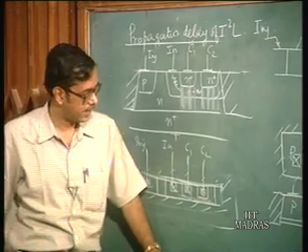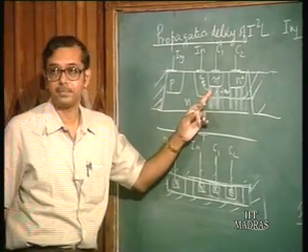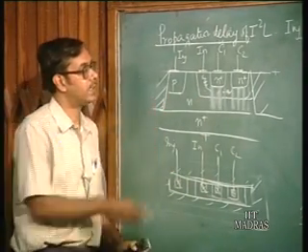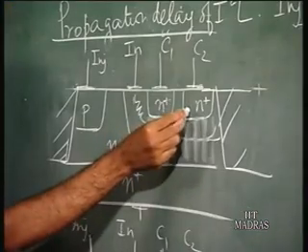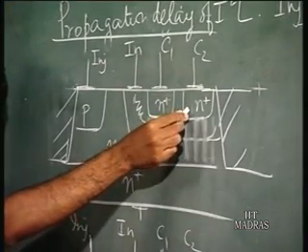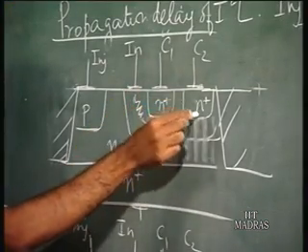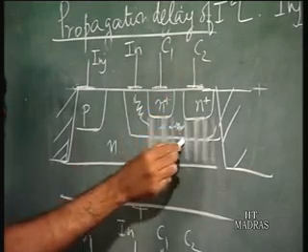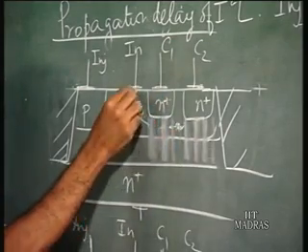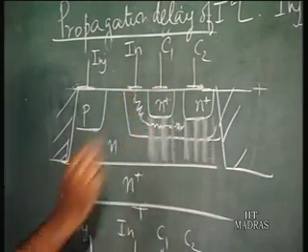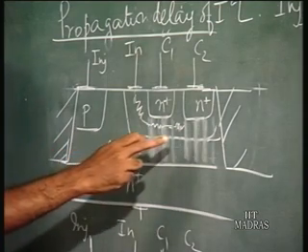That is because if you look at the original structure, now the resistance. For example, the series resistance for this particular device, say C2, the current has to flow all the way here. There is a large series resistance.